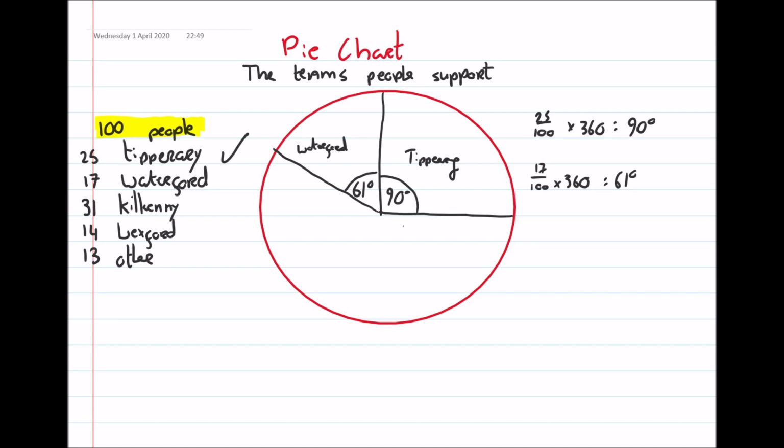Next up then is Kilkenny, so it's 31 over 100 multiplied by 360 equals 112 degrees, which is about this much.